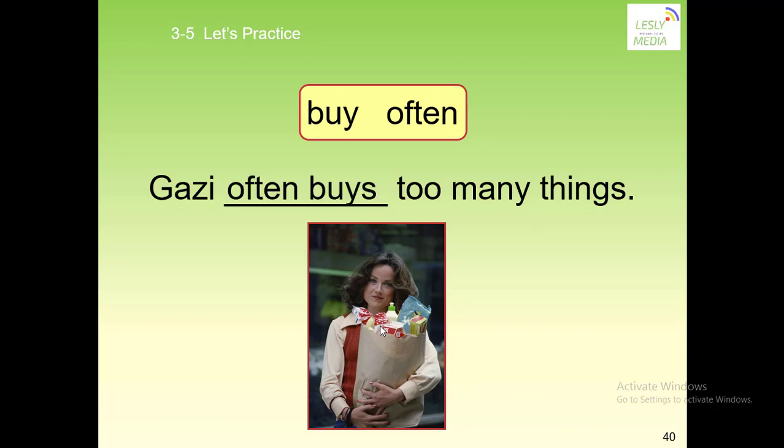Okay. Gazy often buys too many things. Gazy sering membeli banyak barang-barang. Okay, so this is the arrangement of the sentence. First subject, and then frequency adverb, and then verb.